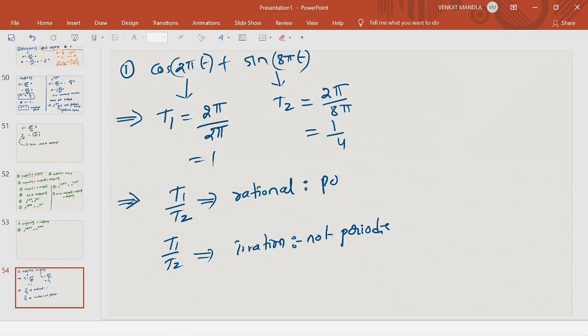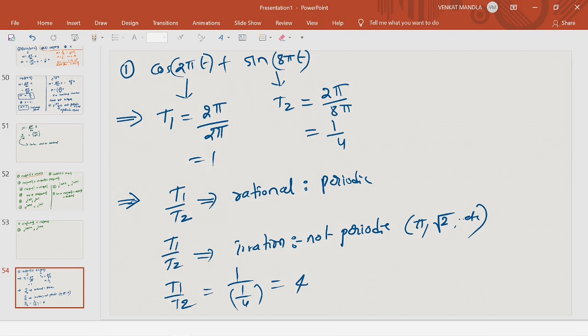Here T1 by T2 is 1 by 1 by 4, which is 4, and 4 is a rational number, so this is periodic. What are irrational numbers? Numbers like pi, root 2, root 3, and so on are irrational numbers.